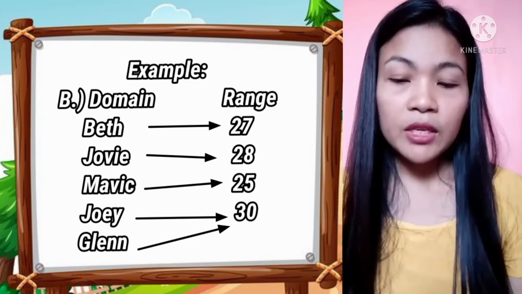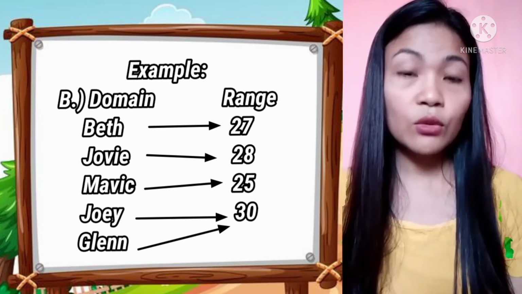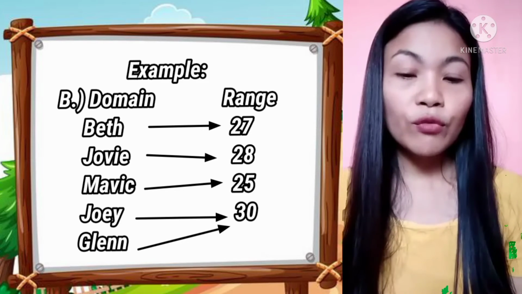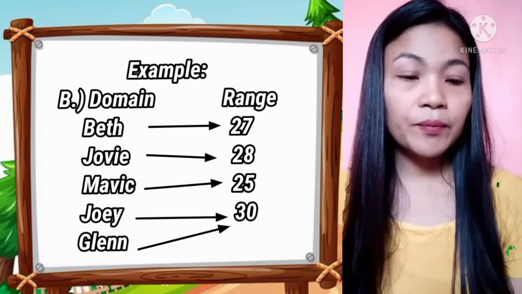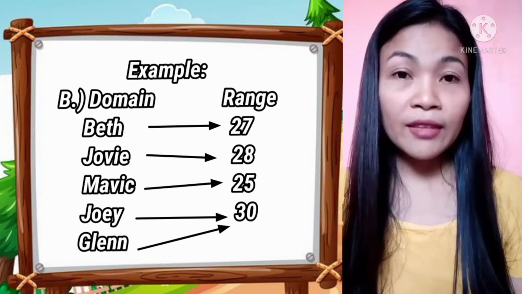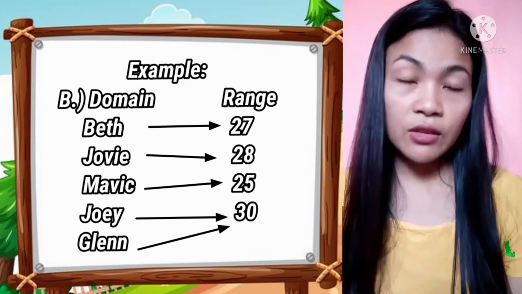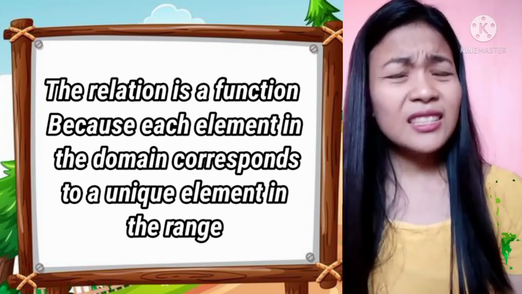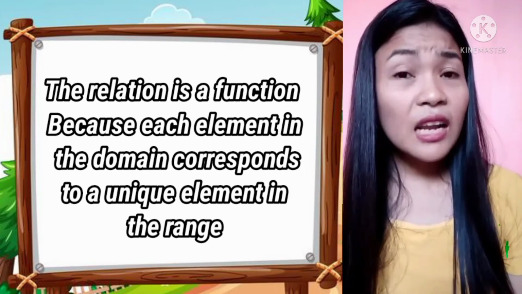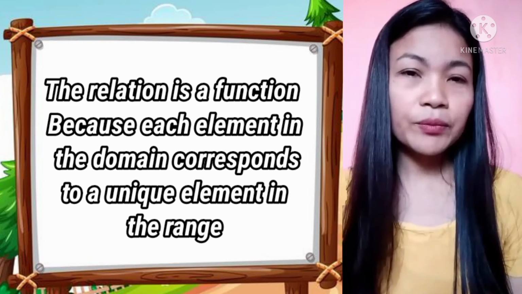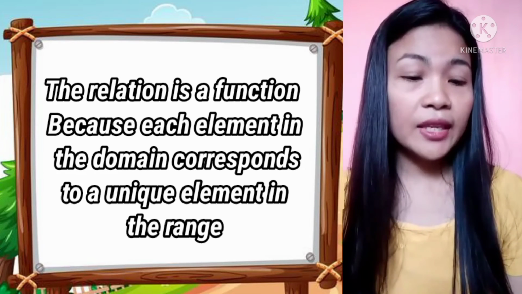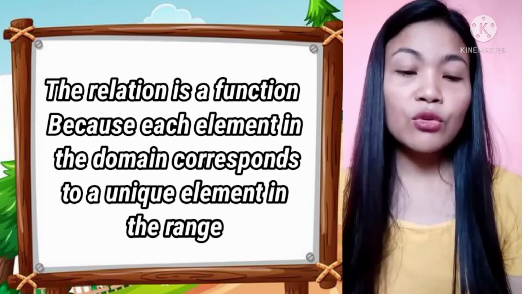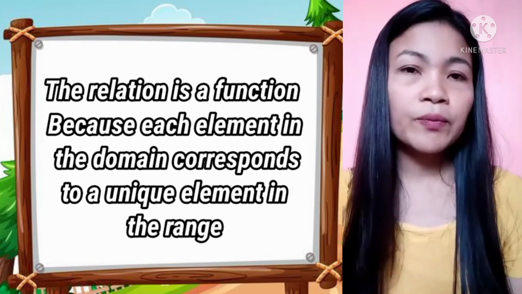In example B, Beth is traced to 27, Jovi is traced to 28, Mavic is traced to 25, while Joey is traced to 30, and Glenn is also traced to 30. In this example, the relation is still a function because each element in the domain corresponds to a unique element in the range.